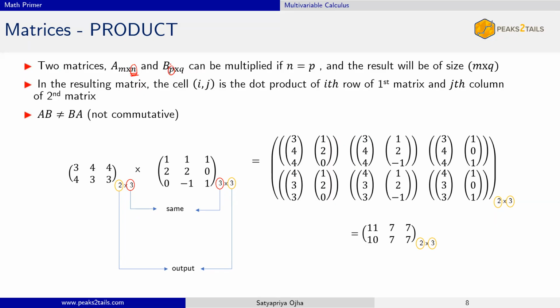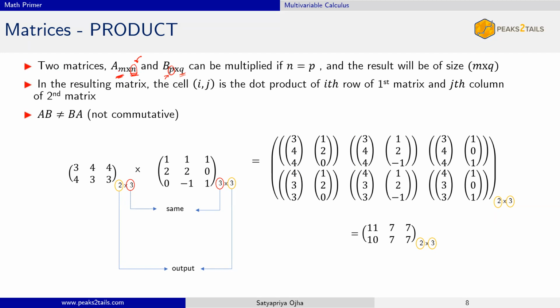And the output, after you multiply, will have a dimension M cross Q. So in other words, the outer dimension of the first matrix must match the inner dimension of the second matrix. And after you multiply A with B, the resulting matrix will have a dimension, which is the other two, which is M cross Q.